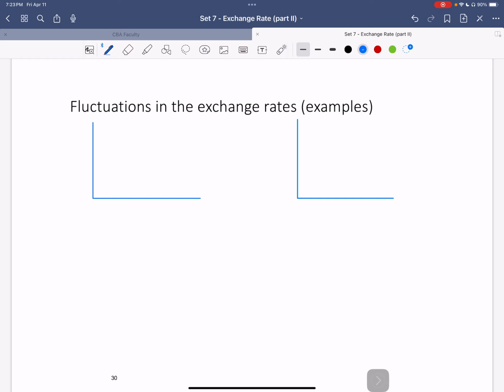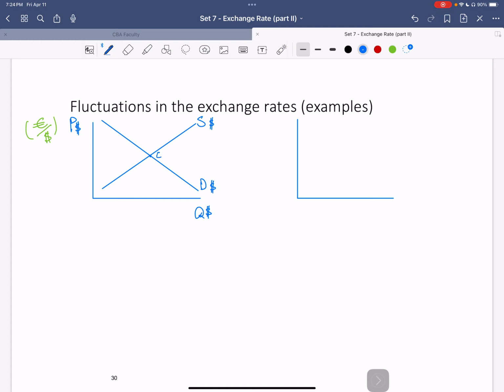So we have supply for dollar, demand for dollar, price of dollar. So it's going to be in terms of euro per dollar, right? And we have quantity of the dollar, how much dollar is available in the market.